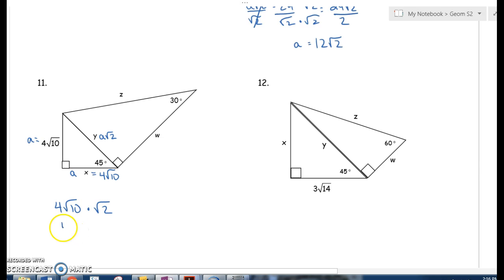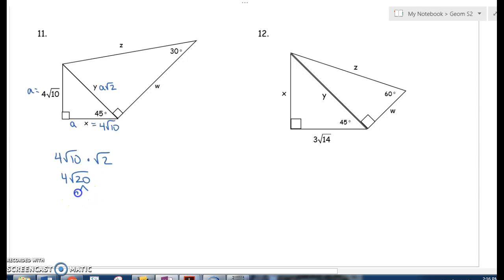Well, root 2 times root 10, that's root 20. You need to do a factor tree because there are perfect squares. You could do 2 times 10 and then 2 times 5. So you have a pair of 2's coming out to join the 4. 4 times 2, you're going to get 8 root 5. So this piece right here, y, is going to be 8 root 5 because we did A times root 2.